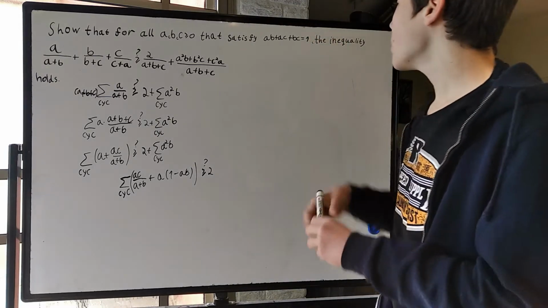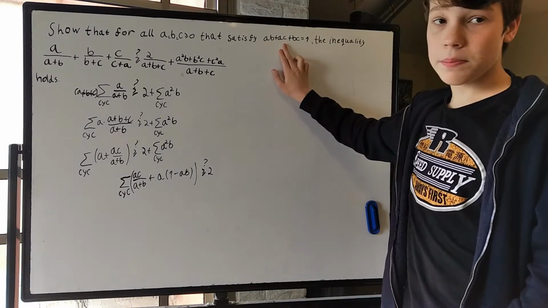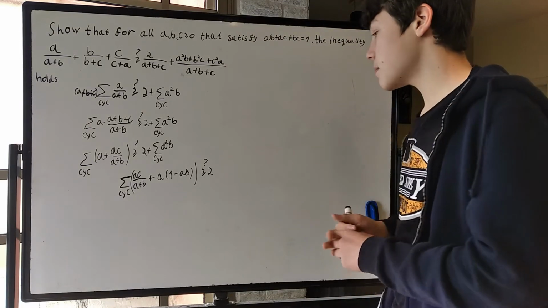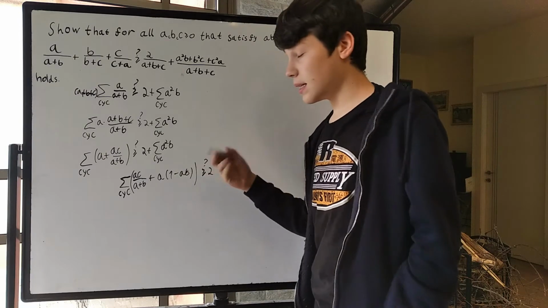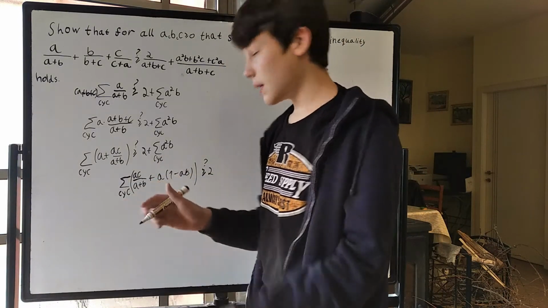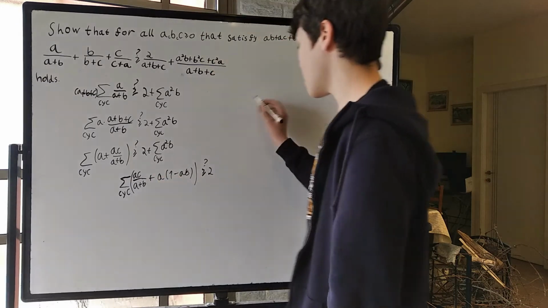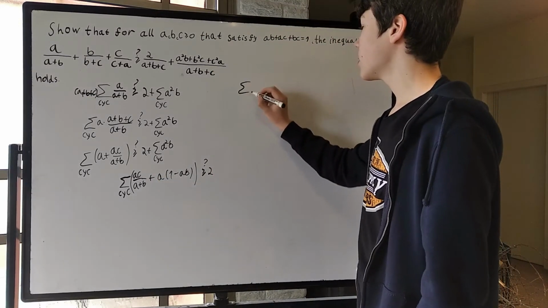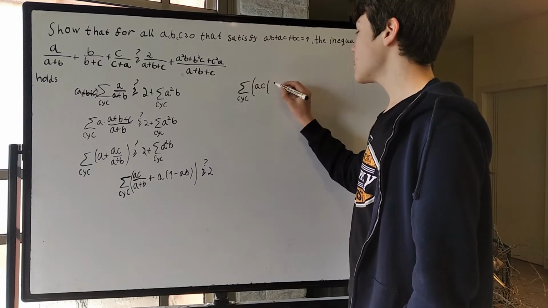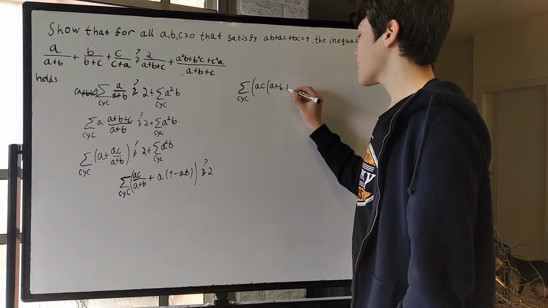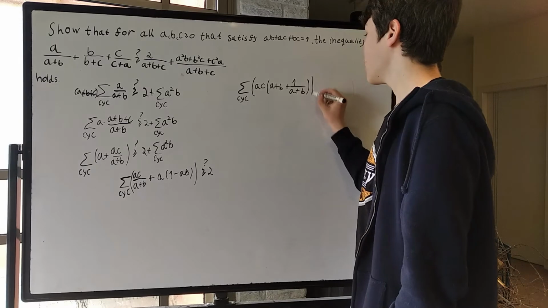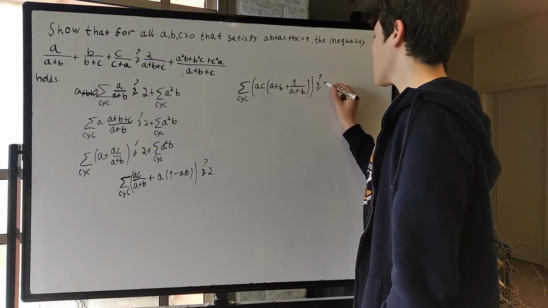Now, notice 1 minus AB is exactly AC plus BC. And we can factor C out of it to get AC times A plus B. So this is AC times A plus B. And then, together with this, we'll factor out AC to get that this is, so, continue up here, the cyclic sum of AC times A plus B plus 1 over A plus B. And is that bigger than or equal to 2?